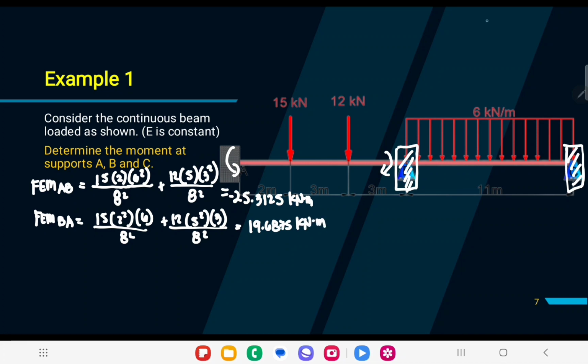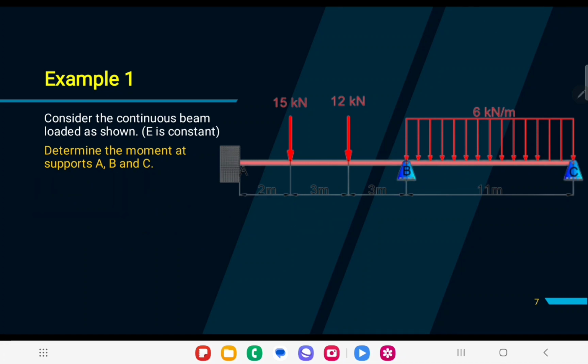So FEM AB is equal to negative 25.3125 kilonewton meter.